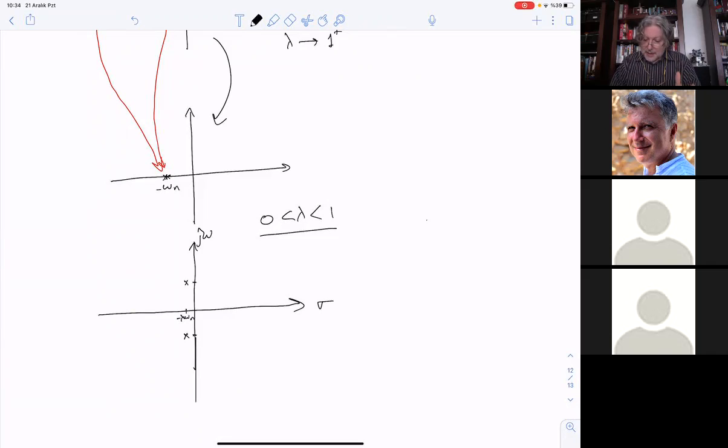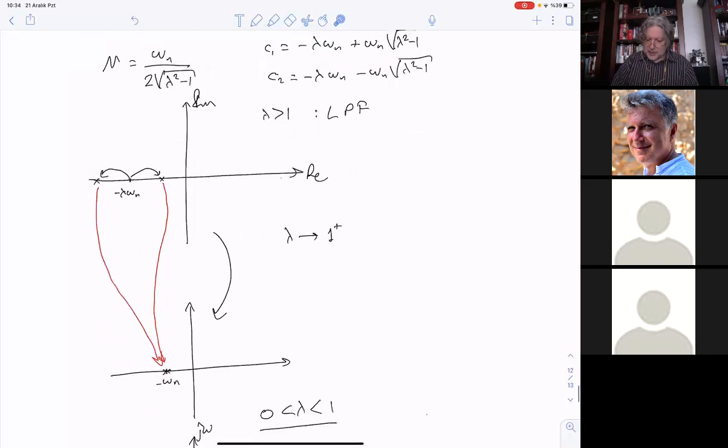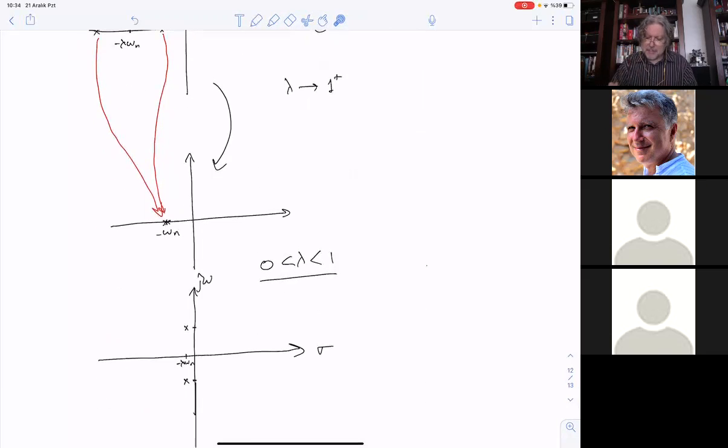And if lambda is exactly equal to 0, then it will be 0 minus 1, which is minus 1. Square root of that will be j, the imaginary j, and I will have omega n only, and lambda will be equal to 0. So at 0 plus j omega n and 0 minus j omega n, I will have two poles.